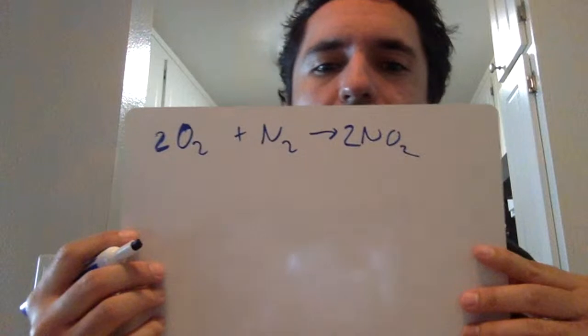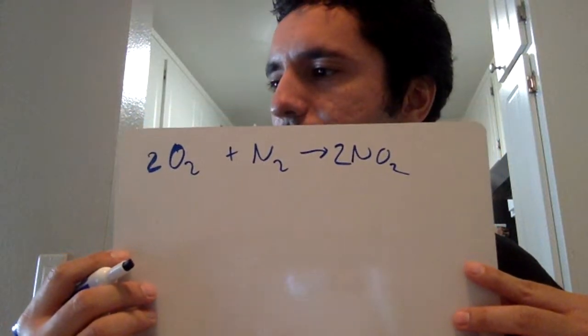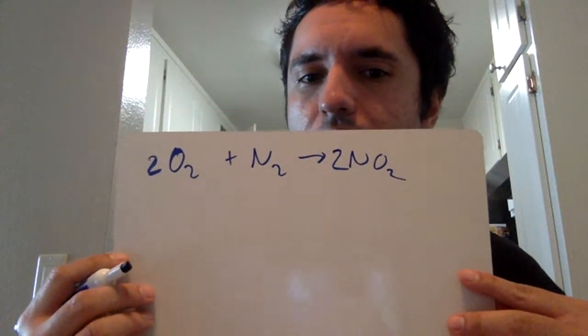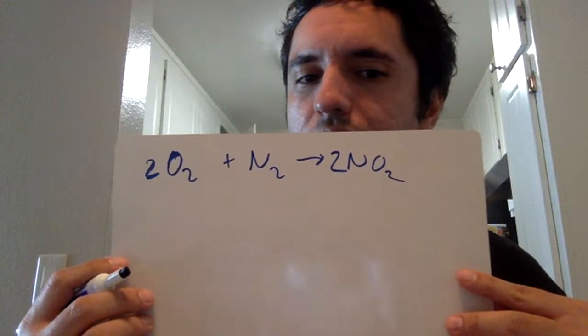we have to write the balanced equation first. Let me do that on the other side, so I don't have a lot of room. So oxygen and nitrogen. I'm going to leave off the phases of matter just to make it quicker. That's my laundry machine, by the way. So this is the balanced equation: 2O2 plus 1N2 goes to 2NO2.